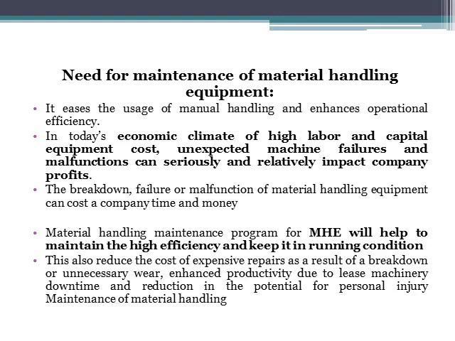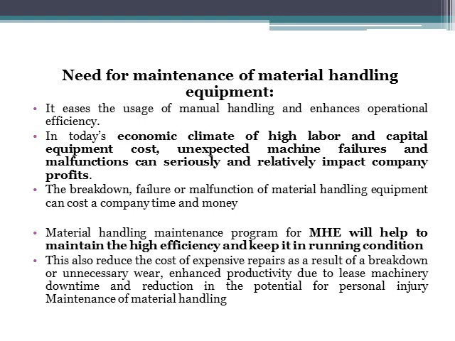Why? In today's economic climate of high labor and capital equipment costs, unexpected machine failures can seriously affect the total productivity and profit. So we need to have a proper maintenance schedule. Usually, what are the different types of maintenance? Predictive maintenance as well as breakdown maintenance.